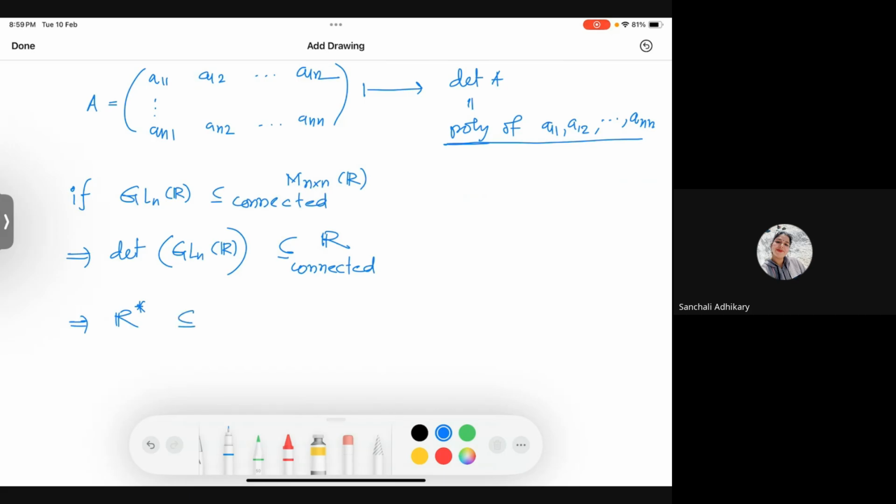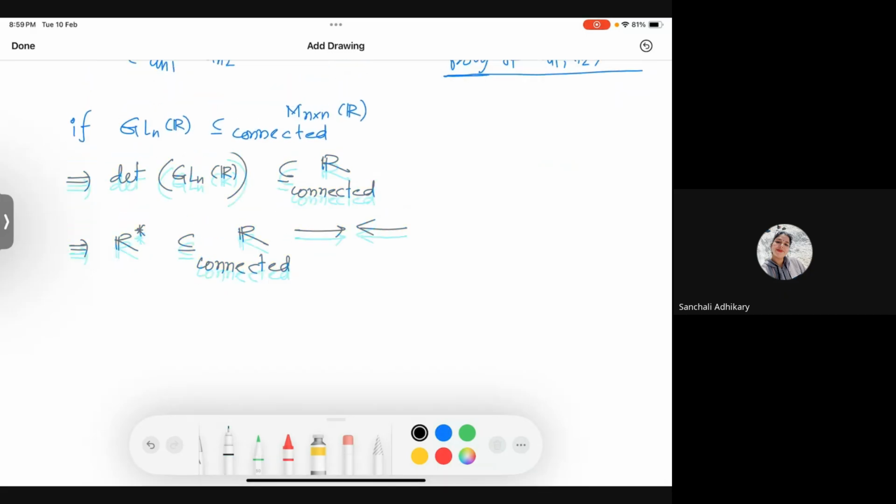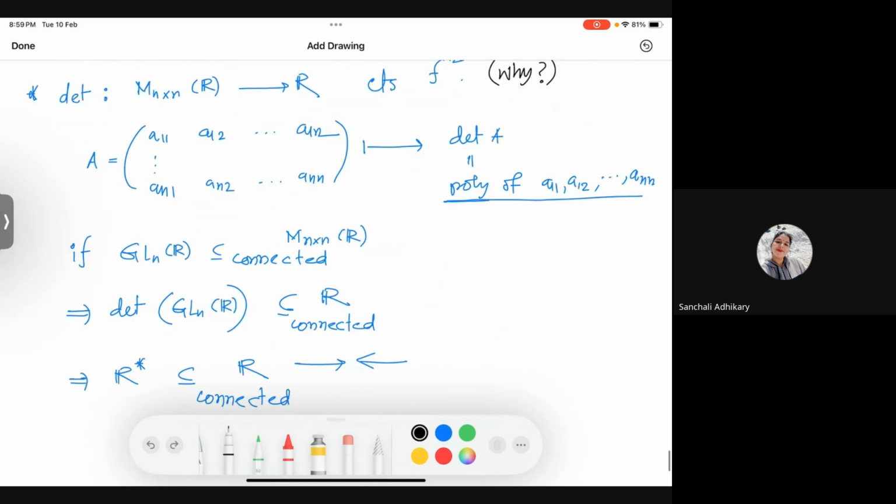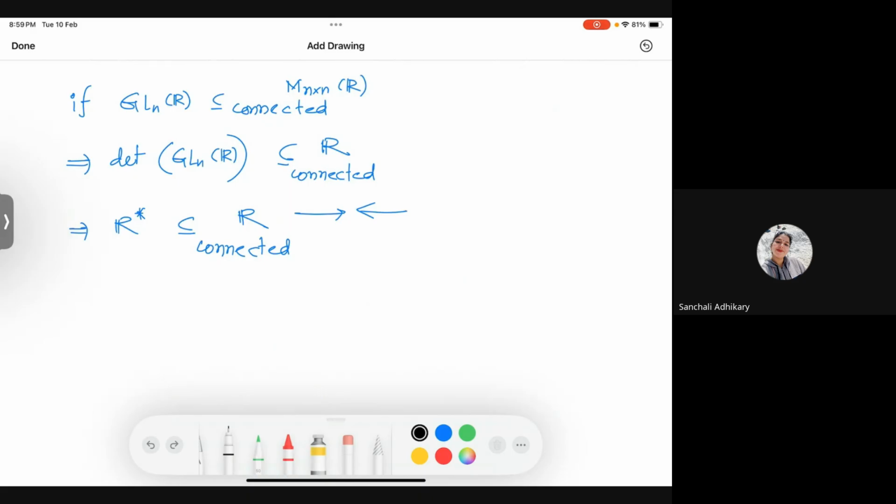So this is connected in R, but this is a contradiction, because R star is not an interval. In an interval there is no gap, but in R star there is a gap: 0 does not belong to the set. This is not open, not closed, not semi-open, semi-closed type. So R star is not an interval. So this is the contradiction.